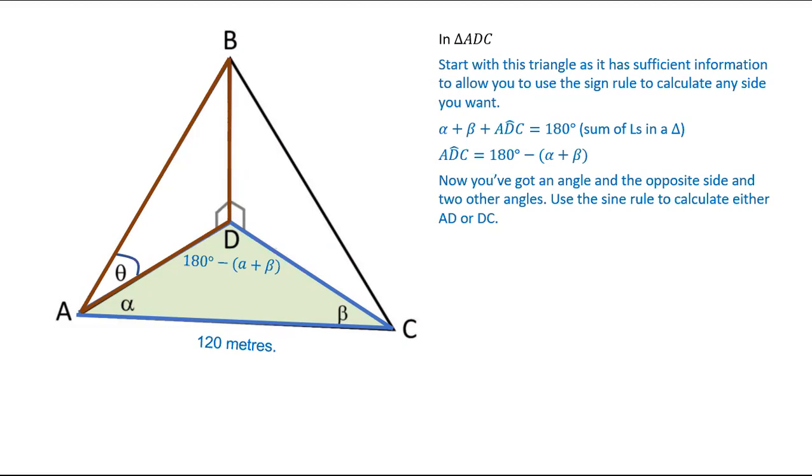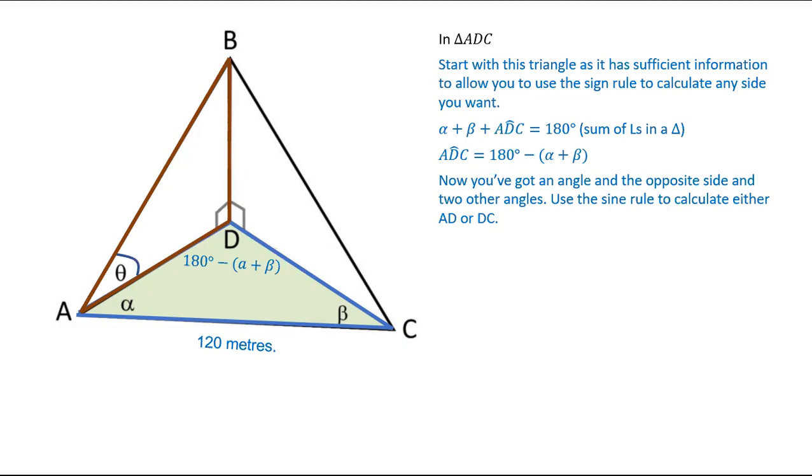And as I've said, I will calculate AD because that AD will enable me to use that brownish triangle which is on my vertical plane. And when I calculate AD, I will use the sine rule.